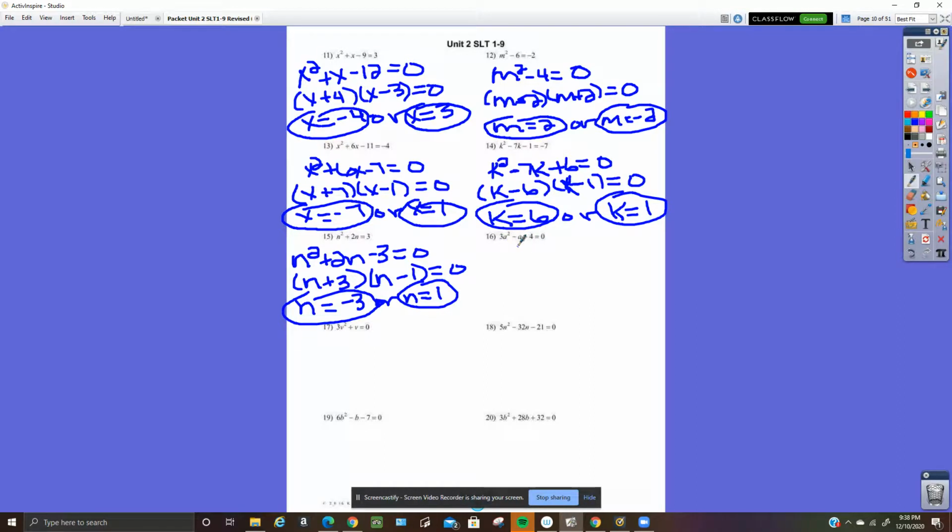Leading coefficient is not 1, so we do 3 times -4 is -12. And then the factors of -12 that give you -1, -4 and 3. And then divide both of those by 3. So -4/3 and 3/3. Simplify.